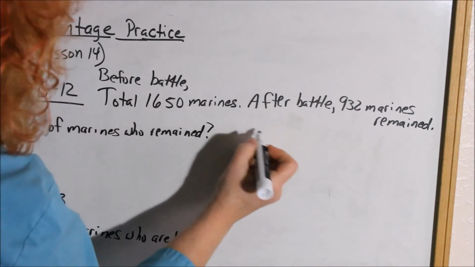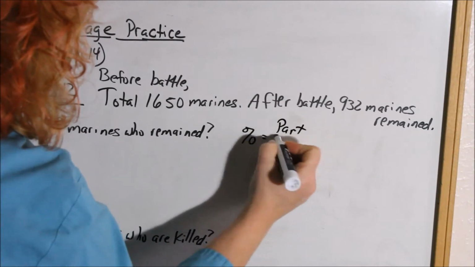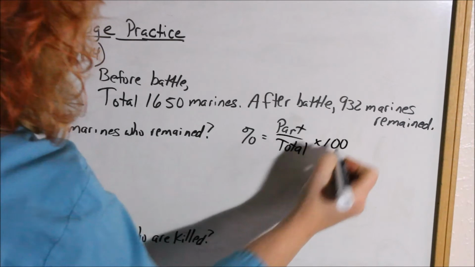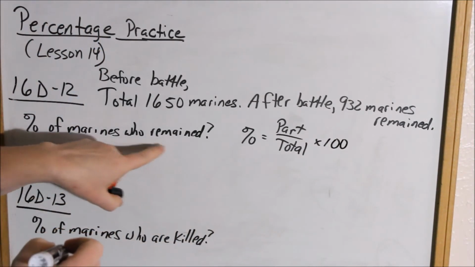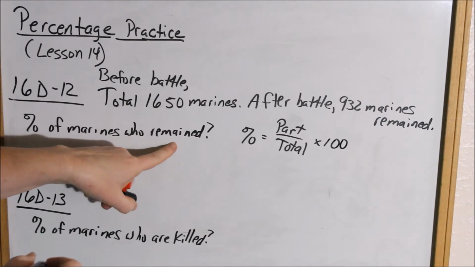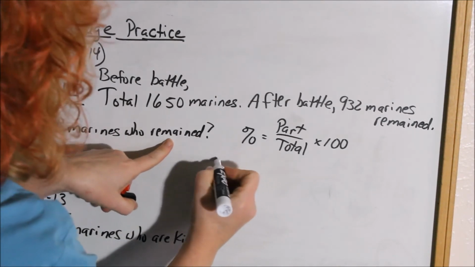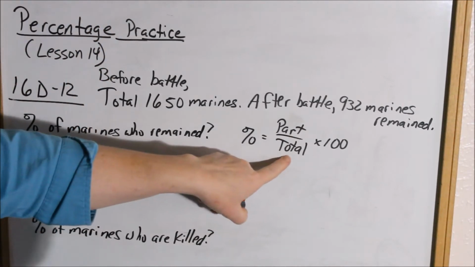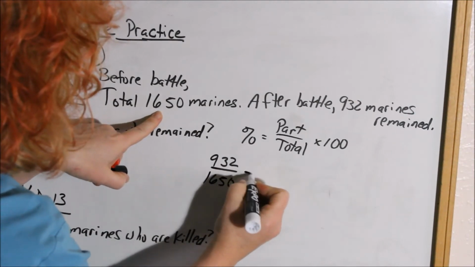So don't forget, when you're doing a percentage, percentage equals the part over the total, and then you multiply that by 100 to get a percentage. Okay? So to get the percent of the Marines who remained, we want the part over the total. So the ones who remained were 932 over the total Marines. The total Marines, we were told, were 1,650.